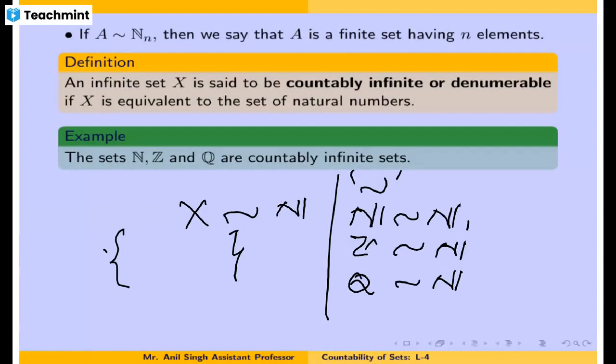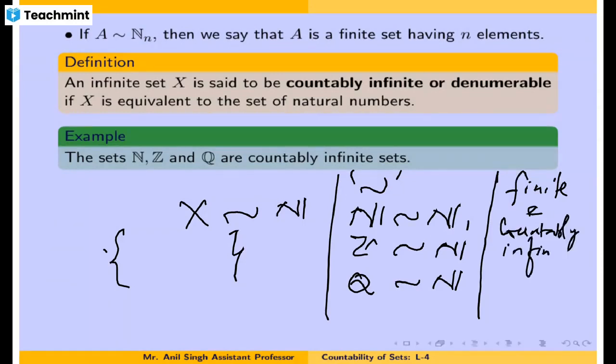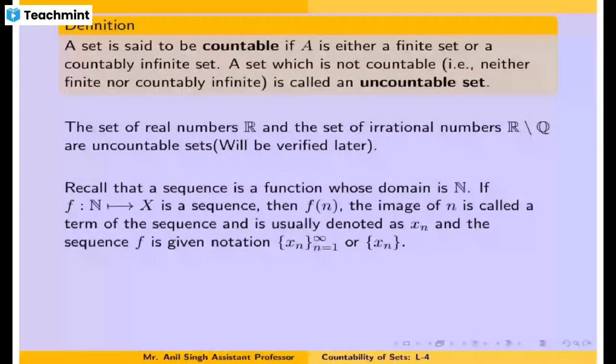So there are now two classes of sets: finite sets and countably infinite sets. If we combine these classes, the combined class is known as the set of countable sets.